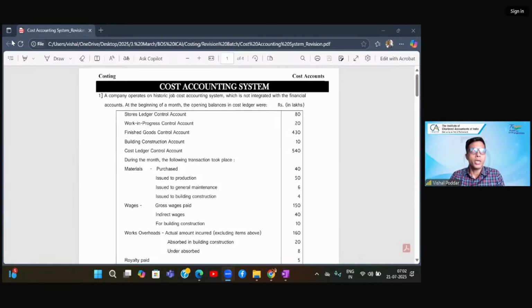Now, it may not be possible that opening is there for the reason that you generally adopt FIFO for the purpose of your stores management. So for the actual physical removal, we always follow FIFO.